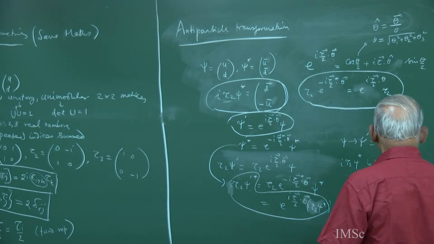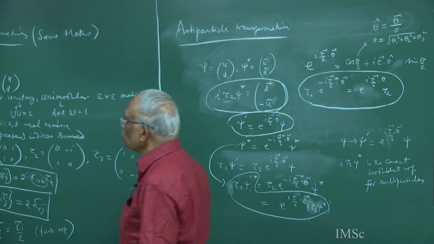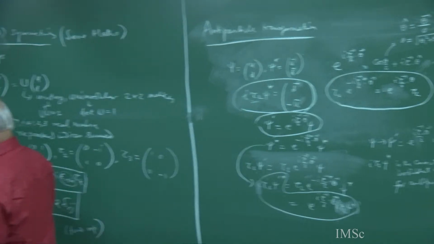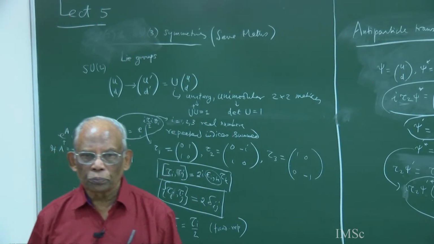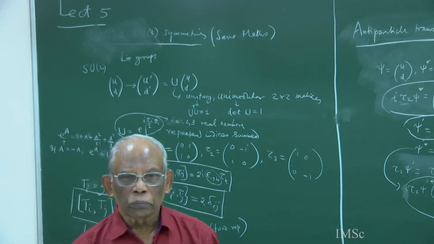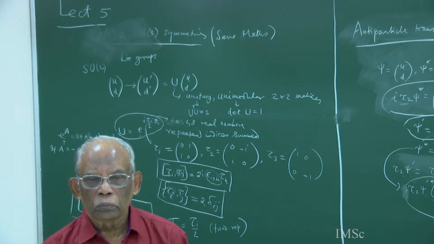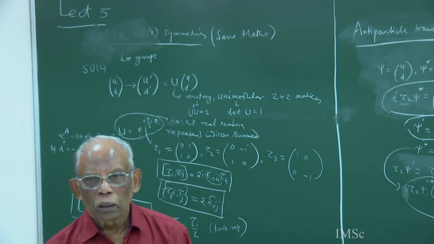So let me now go over to SU3. This transformation physically means that I cannot have a composite particle of just U and D bar, is it?